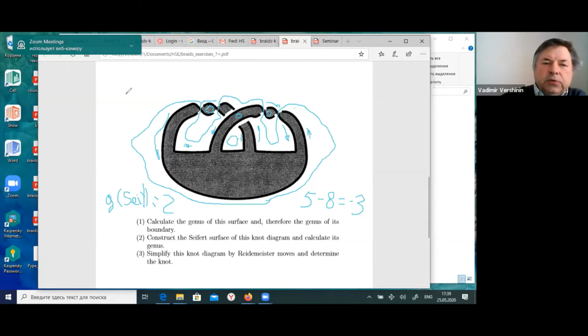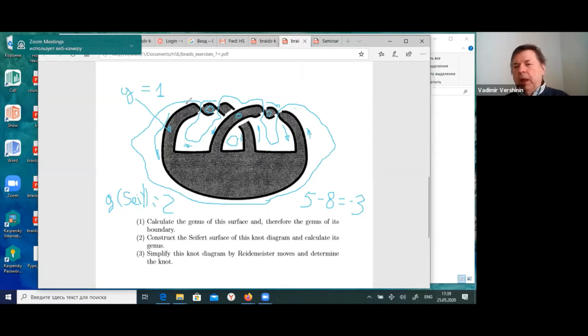And as we calculated before, the genus of this surface is equal to 1.